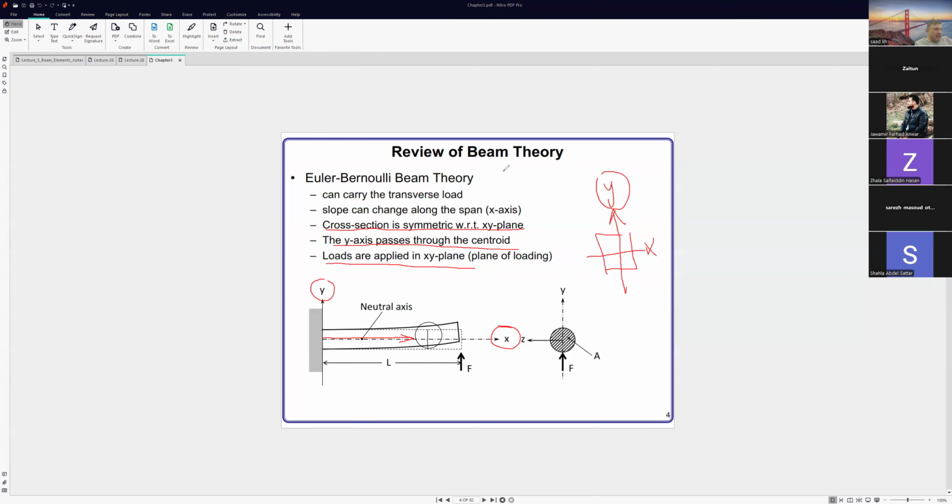This is the fixed and distributed load applied, this is the x and this is the y. This is the xy plane, the plane of the loading.